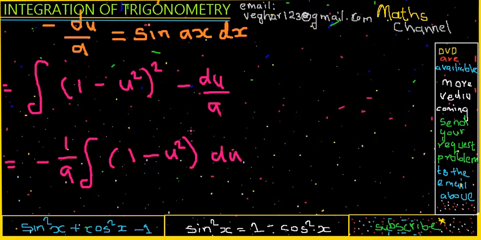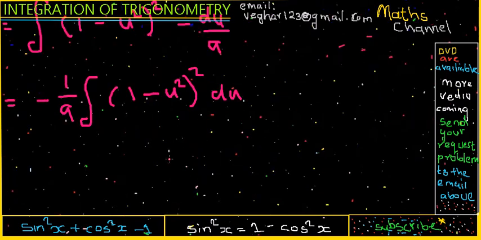And then from this point there's a square here, you can expand this one. Expanding, you'll use your way to expand. So when you expand, say 1 square, it's 1.